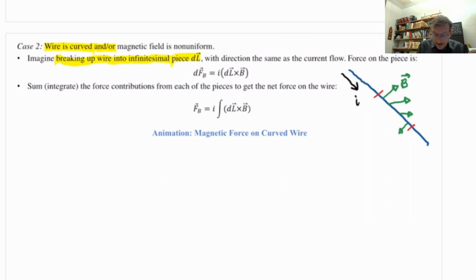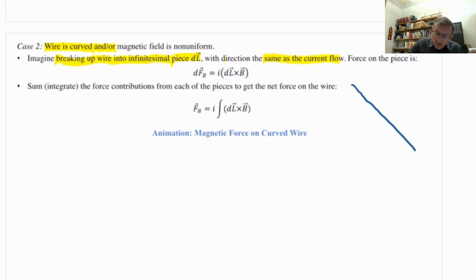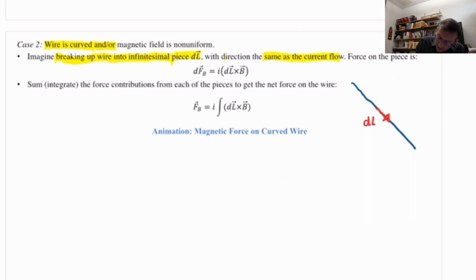And the direction of the dl arrow is the same direction as the current flow. Okay, so let me now take that wire and draw a zoomed in view of it. So I'm zooming in, and here's a little piece of it with a length vector dl, because the current's going that way, right?